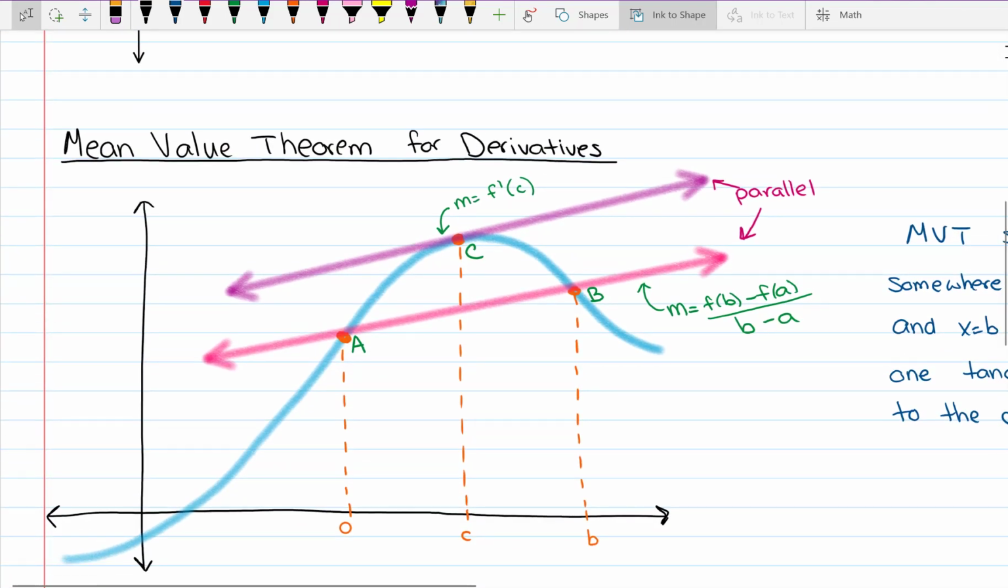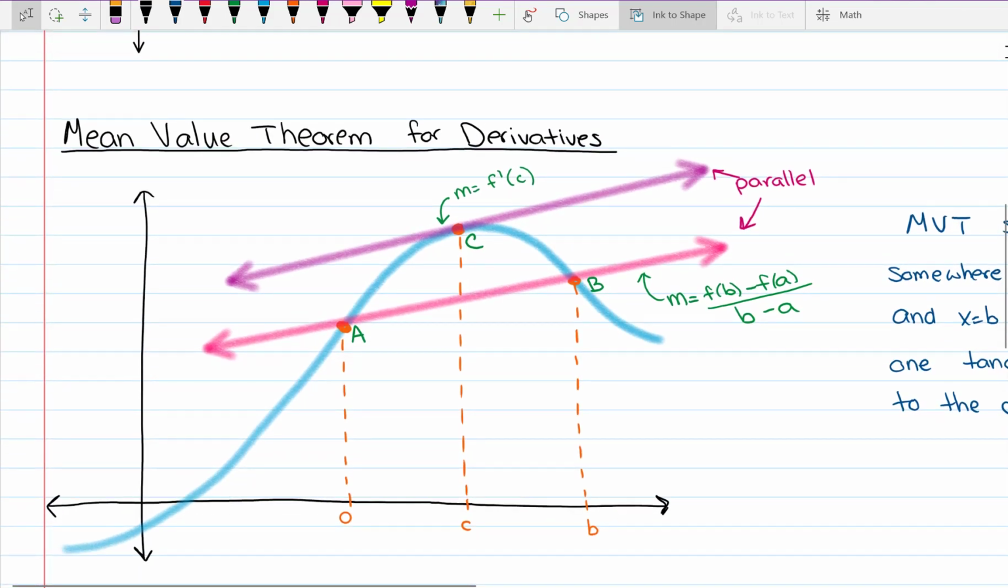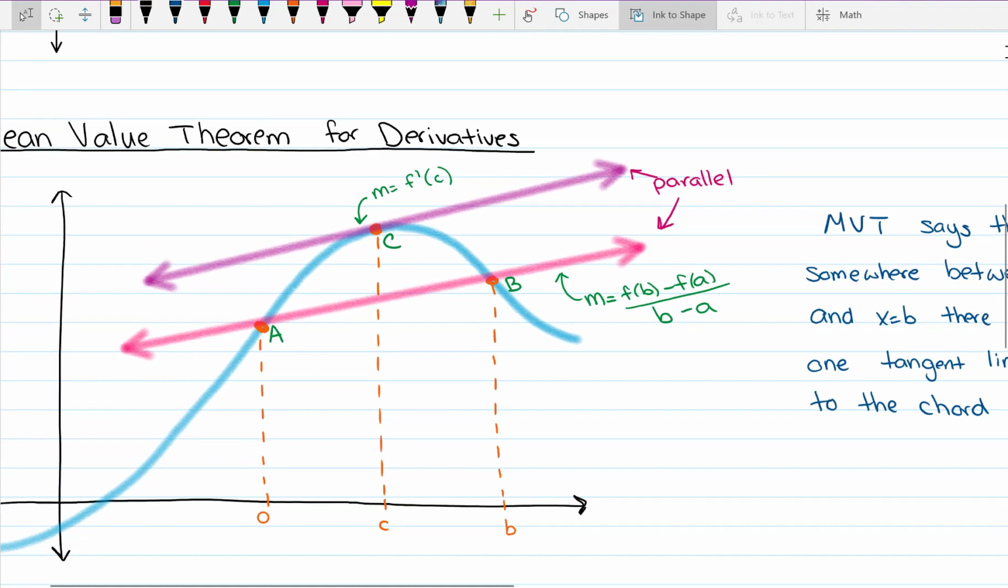More generally, the mean value theorem says that if you have 2 points on a graph, A and B, then if you find the slope between those points, like this, then there exists a point on the graph C such that the derivative at that point is equal to the slope of this line. So you can see how that can be extracted to get Rolle's theorem because it's a very specific case.